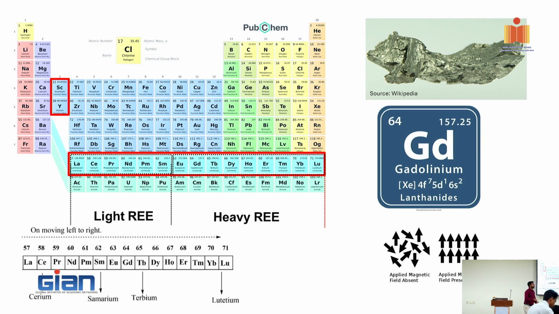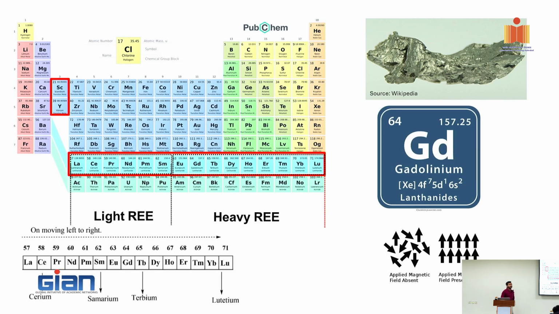Gadolinium has an atomic mass of 156.25. It sits exactly in the middle of the 17 rare earth elements from lanthanum to lutetium, and it is classified as a heavy rare earth element. If you look at the atomic configuration of gadolinium, which is xenon 4f7 5d1 6s2, there are 7 unpaired electrons in the orbital. What does it mean?